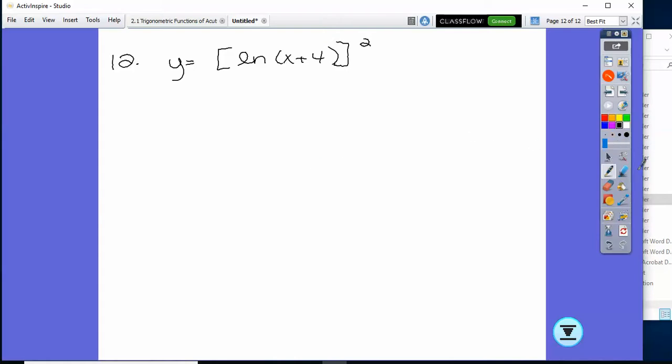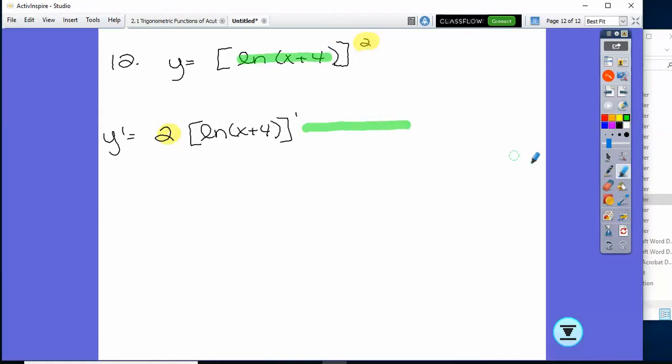So we have to start on the outside. Big thing here is the square. So our derivative, 2 comes down, inside stays the same. If you subtract 1 from the power, now it's just to the first, so you can leave that off. But we have to do the chain rule. So if you work your way in, now we have to do the derivative of that.